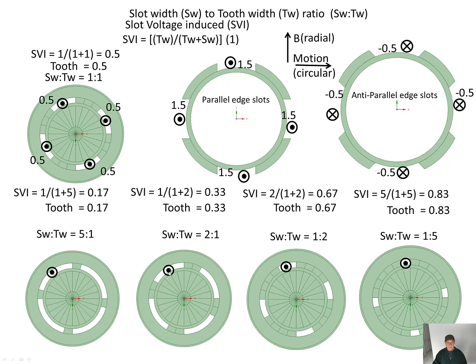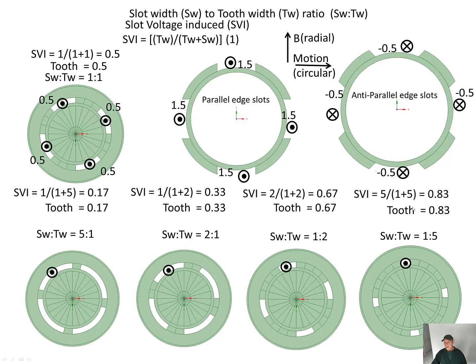When the ratio is 2:1, the induction on the slot is 0.33 and the induction on the tooth is 0.33, both in the same direction. In all of these cases, they are both in the same direction. When the slot width to tooth width is 1 to 2, we now have more on the tooth and less on the slot, so the induction on the slot is 0.67 and on the tooth is 0.67.